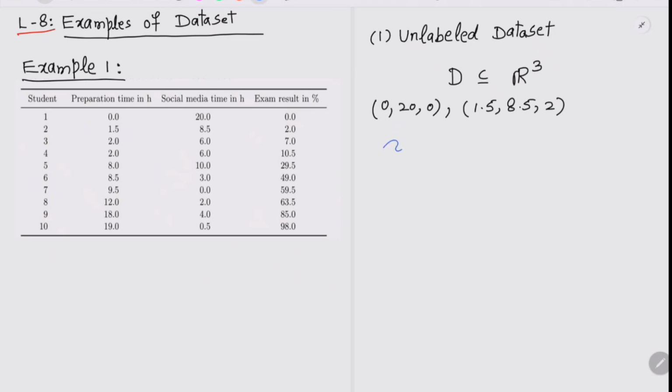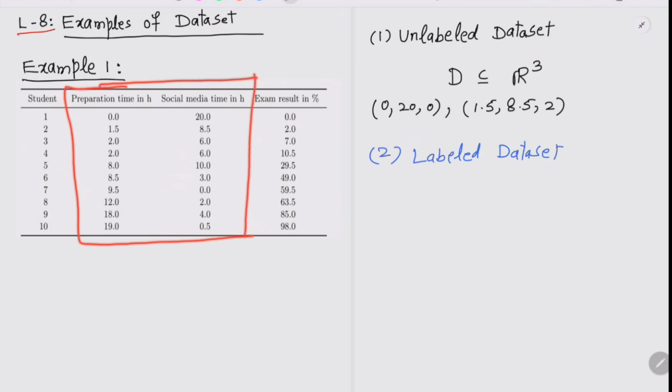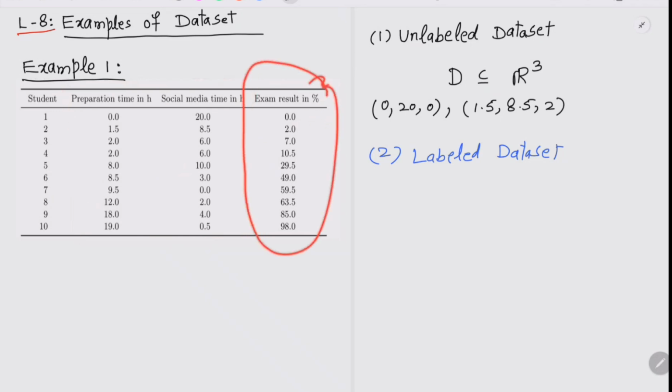In a labeled data set, there should be an answer to your data. Suppose we say that these are two features. When we put these features into some machine, then you get the results.